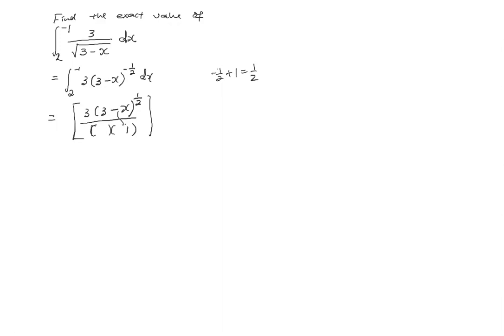The other one is the new power. 3 divided by half divided by negative 1, the answer will be negative 6 square root. You put it in square root form, it's easier for you.